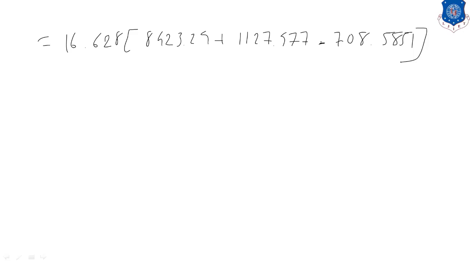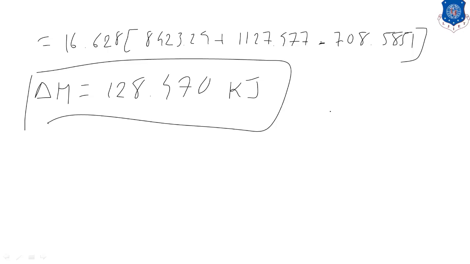Now again calculating this term, we will get delta H is equal to 128.470 kilojoule. So this becomes our answer.